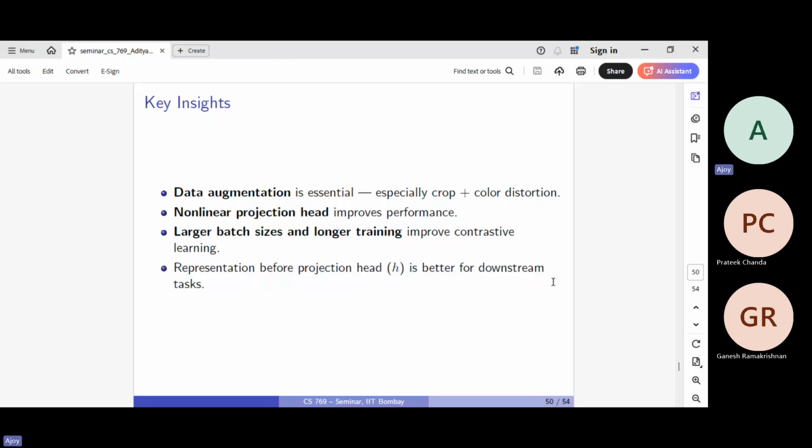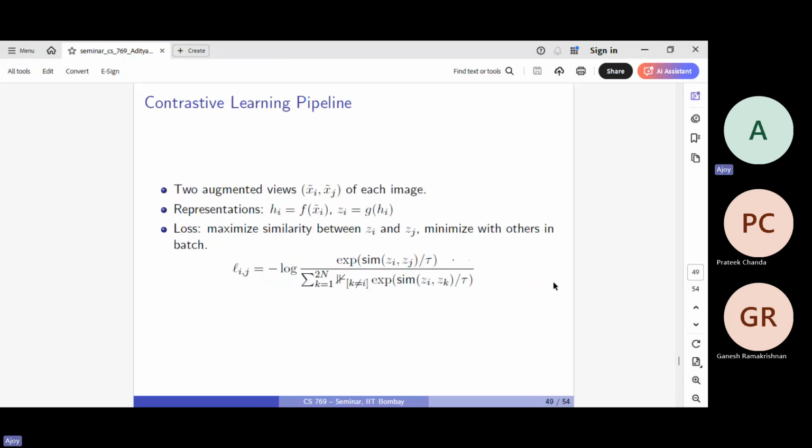They usually use larger batch sizes because then we get more negative samples. The motivation was to use this loss function so that, without any label, this is self-supervised learning.